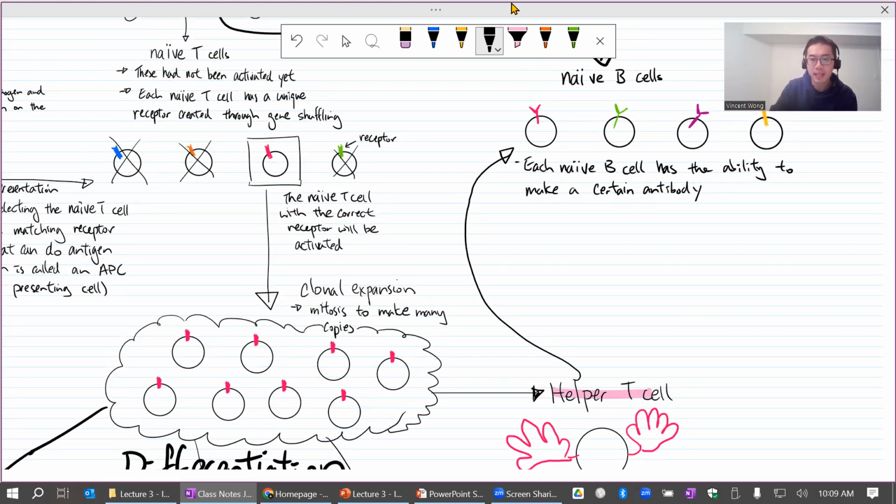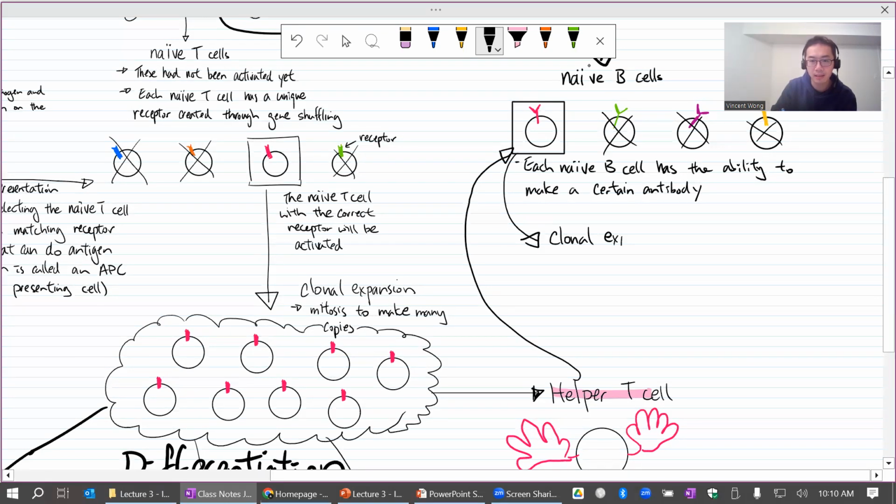We don't need any of these; we're selecting this guy. This is the winner, the one that has the right antibody shape, and it's going to undergo clonal expansion again.